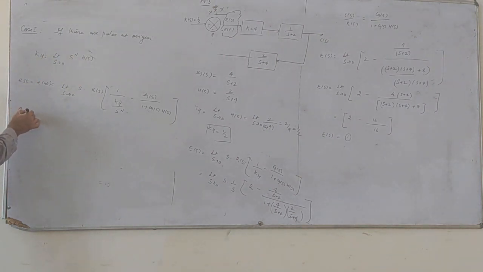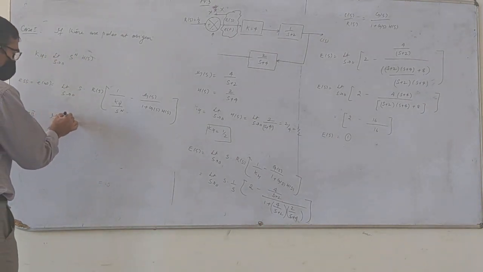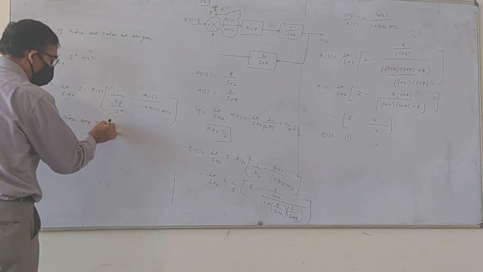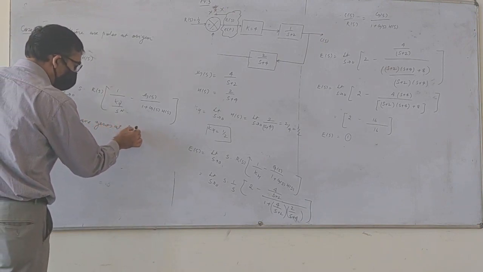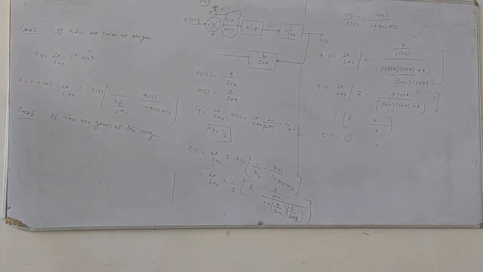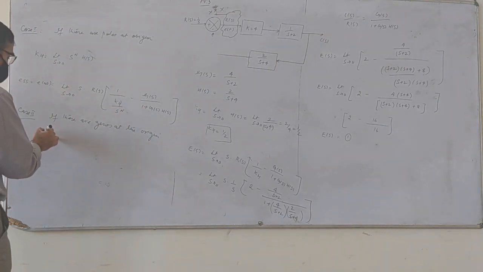H(s) will be K_H divided by this. Second case. Case number 2, if there are zeros at the origin. What is going to happen?